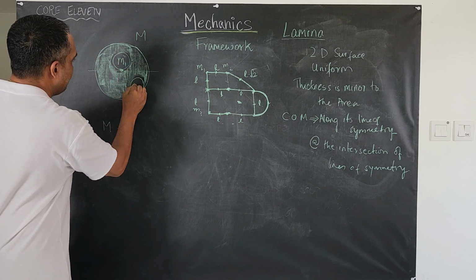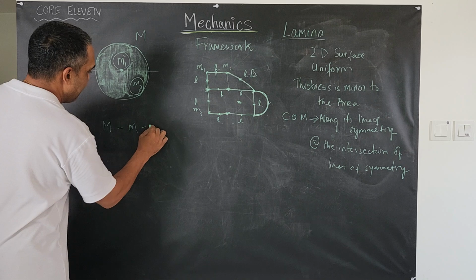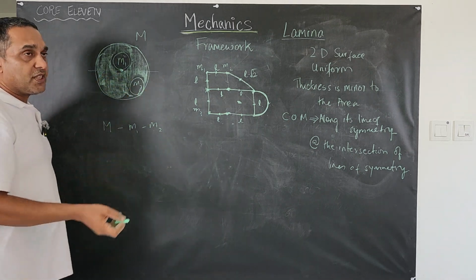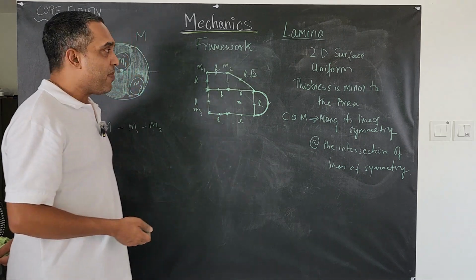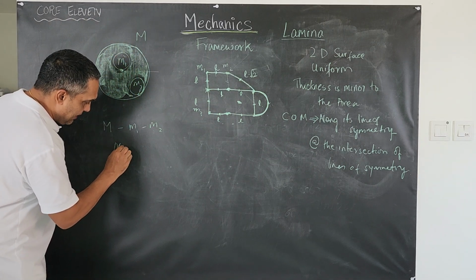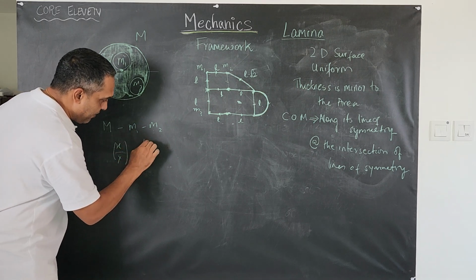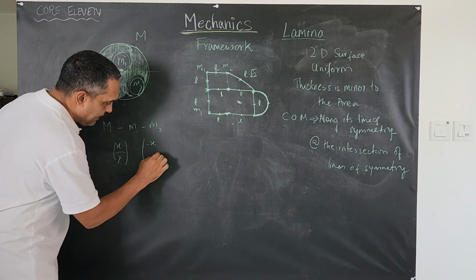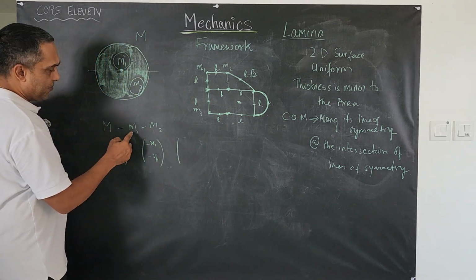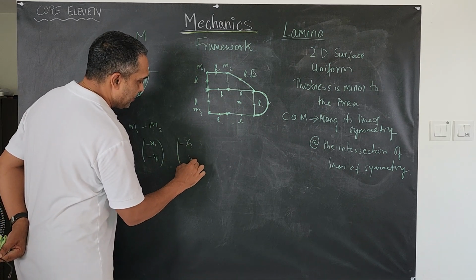This is m1 and m2. It's like subtracting the m1 and m2, but not just the mass. You also have to readjust its center of mass by using the same function with x and y, but this time you would do it for negative x1 and negative y1, and of course, because you're subtracting the mass, these will be negative of x2 and y2 as well.